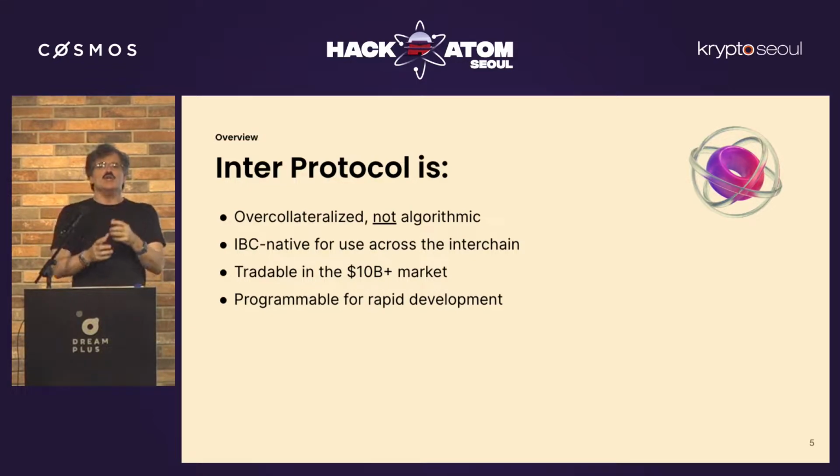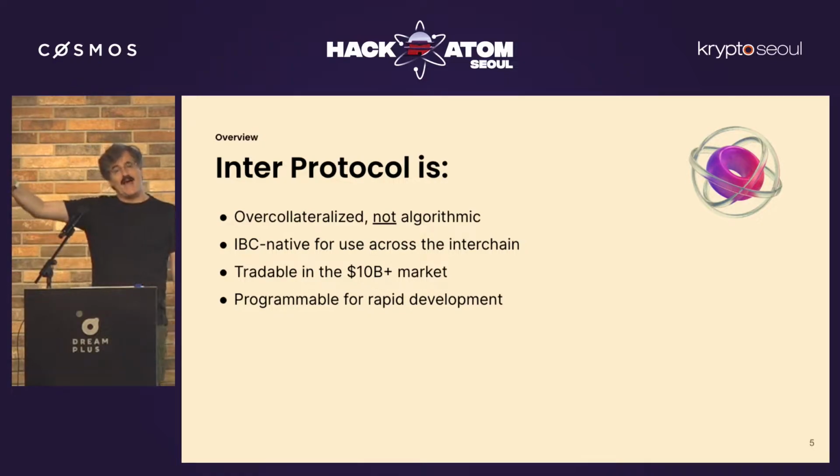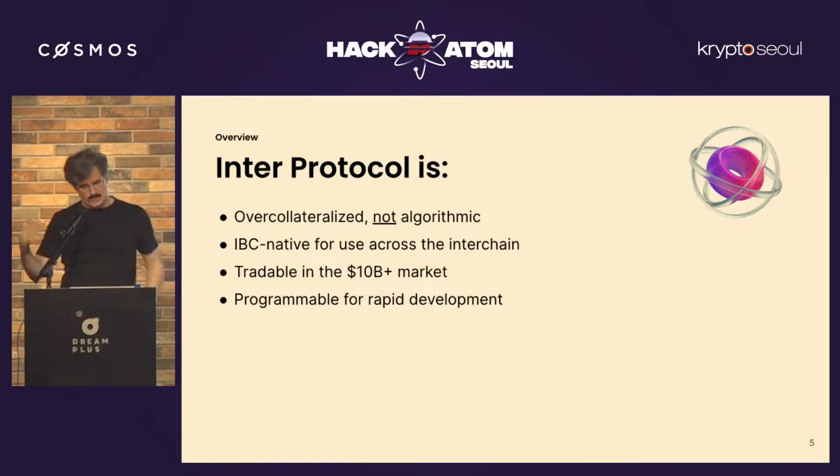And so it is thus strongly backed by crypto collateral available over IBC. That's one of the unique things about the Cosmos environment: there's collateral on other chains. We'll be able to bring it over and use it as the collateral that backs a stable token that's minted against it. And we'll talk more about that.